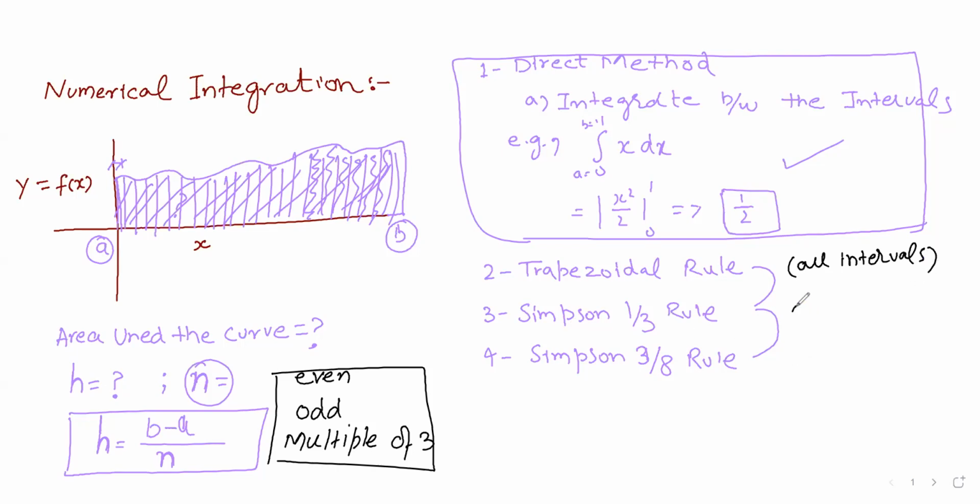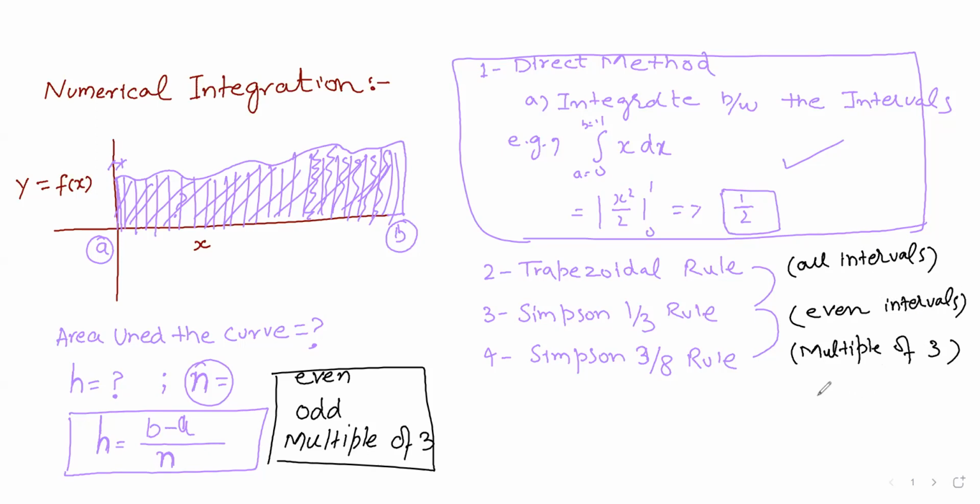Simpson's rule is applicable for even intervals. And then 1/3 is applicable for multiples of 3.